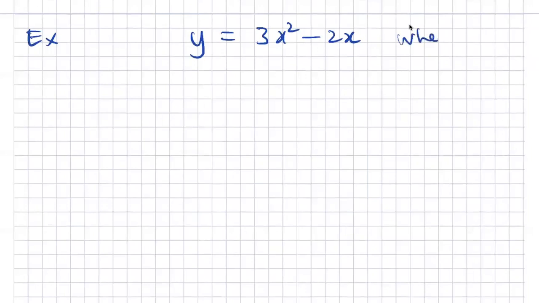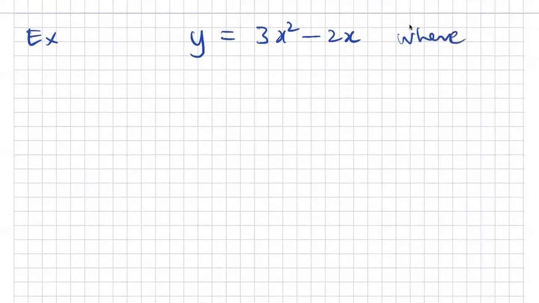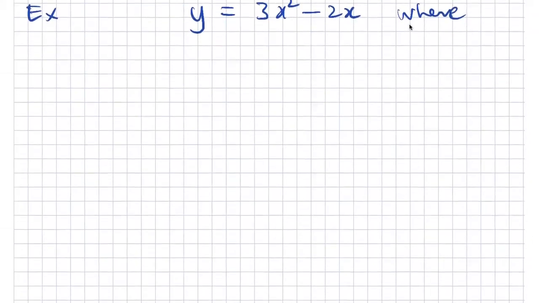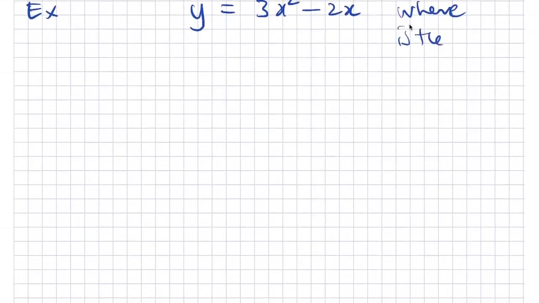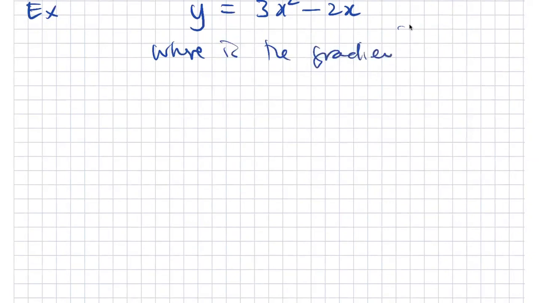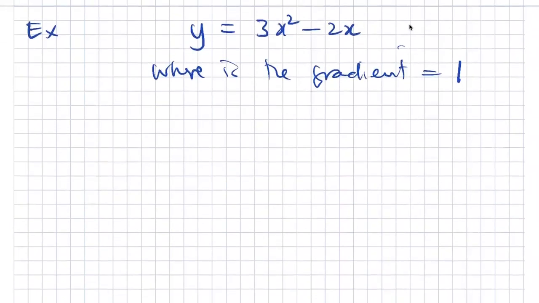And the question is where. Where is the gradient equal to 1? So we're not using 0 this time, but we're saying when's the gradient equal to 1? Give that a go.